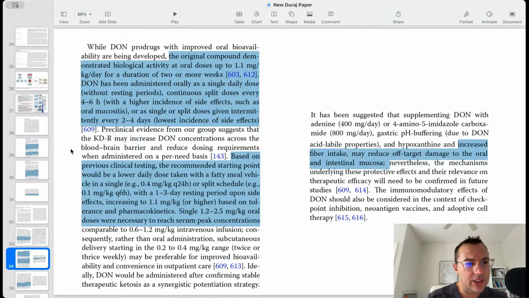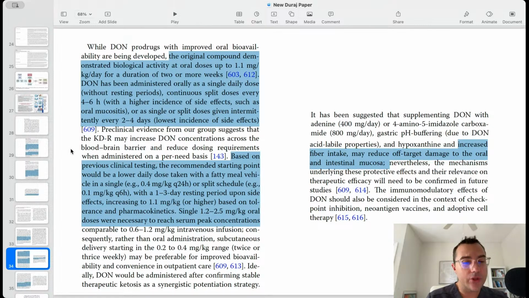Based on previous clinical testing, the recommended starting point would be a lower daily dose taken with a fatty meal vehicle, in a single 0.4 milligrams per kilogram every 24 hours, or a split schedule of 0.1 milligrams per kilogram every 6 hours, with a 1 to 3 day resting period depending on side effects, increasing to 1.1 milligrams per kilogram or higher based on tolerance and pharmacokinetics.